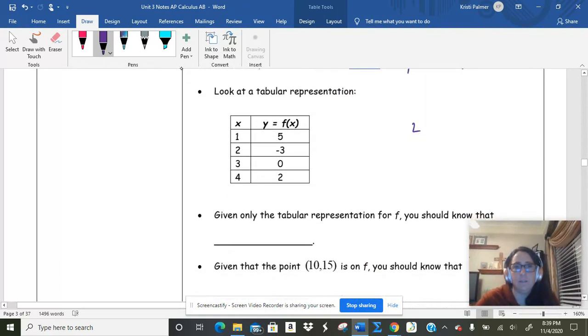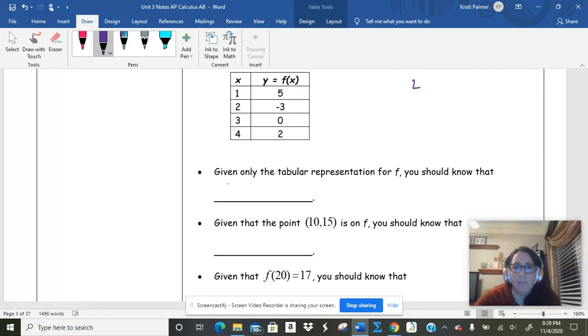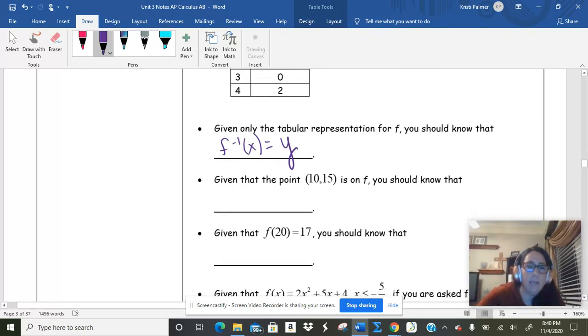So here is just a tabular representation of some points that I know are on f of x. If I look at this, f inverse of x is kind of talking about the y when I'm looking at it, okay? So if I know that (10, 15) is a point on this function, then I'm going to know that (15, 10) is on the inverse.